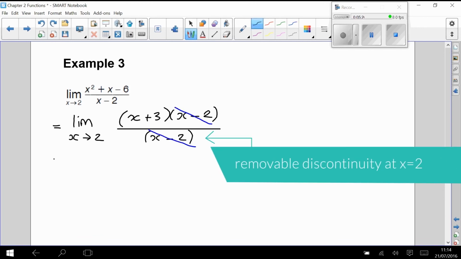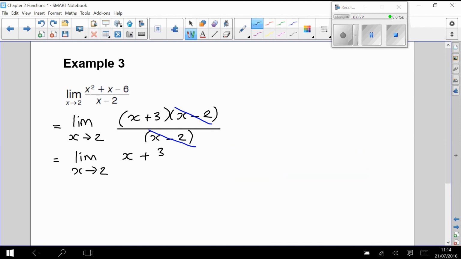In other words, if I want to find this limit over here as x tends towards 2, I want to find it for the expression that remains after that problematic denominator was removed. If I now put in the value when x is 2, I'm going to get 2 plus 3. In other words, on this function, I am going to tend to a height of 5, whether I'd come from the left or from the right on this curve.